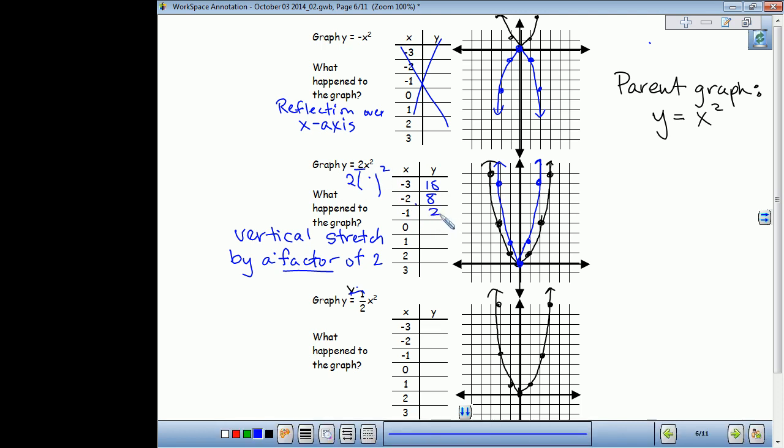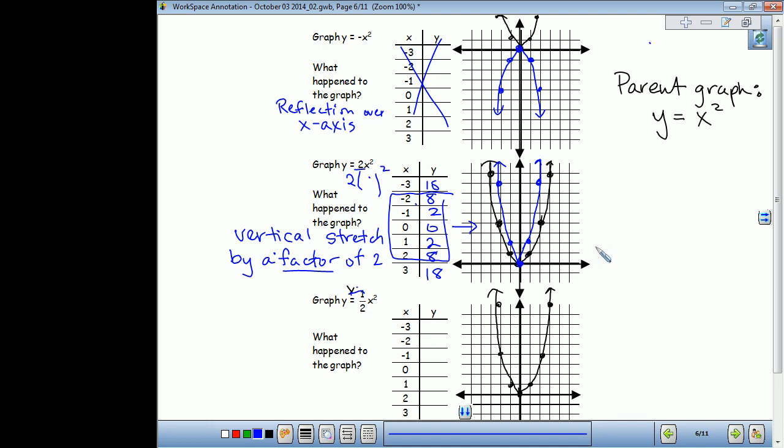And 1 times 2 is 2. Is there a point at negative 1, 2? 0 squared is 0. Times 2 is 0. 0, 0. 1 squared is 1. Times 2 is 2. 2 squared is 4. Times 2 is 8. And then 18 again. But those don't fit on the graph. So see, these points are on my graph. So I know I did it right.